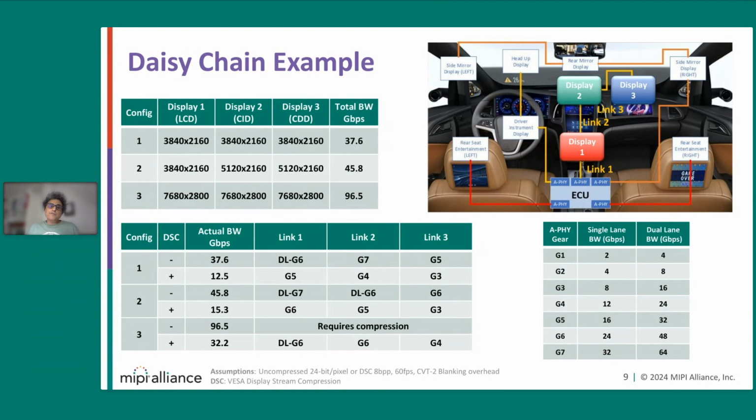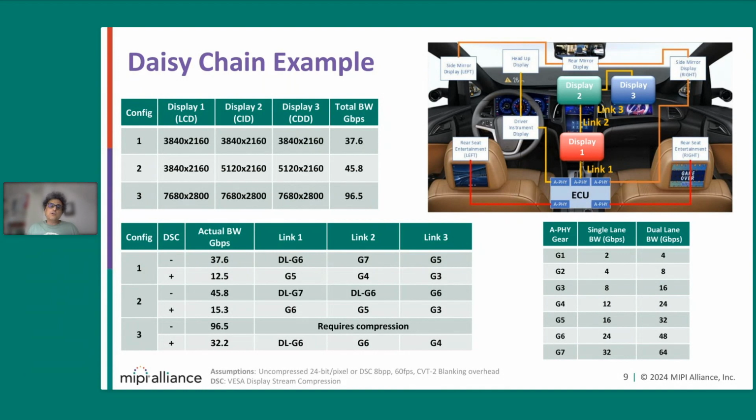And so if we have such a configuration, let's say that this is the highest resolution configuration, we can see that if we are not using compression, this is DSC, display stream compression, there's almost no way to transport all the pixel data.